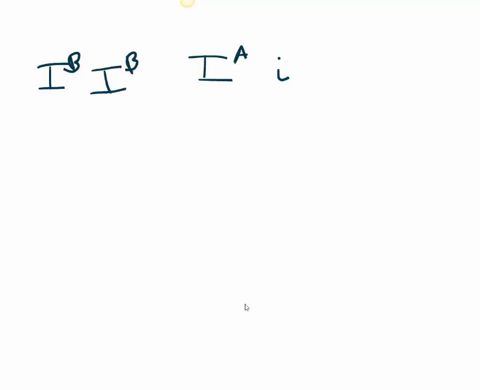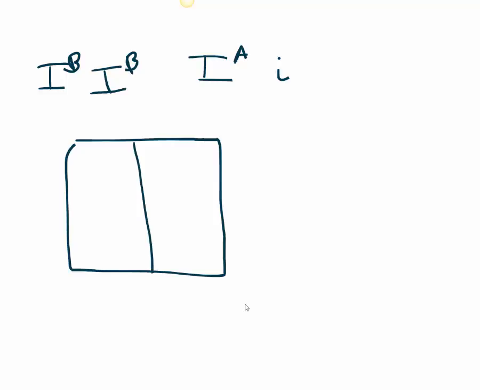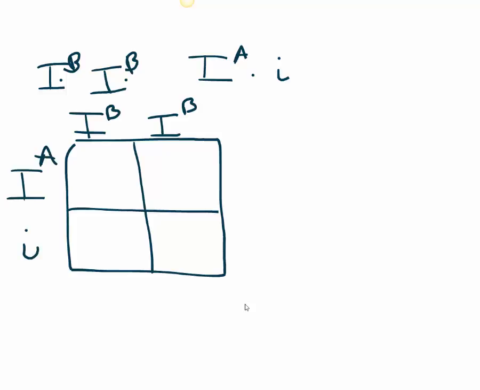So if we go and look at a Punnett square of these 2 parents, half the alleles for the one parent will be IB, and the other half will also be IB because those are the only alleles that parent has. The other parent is going to have IA and little i.